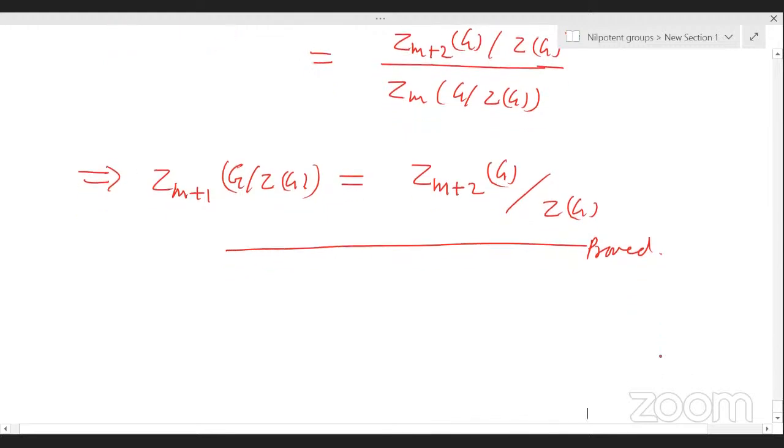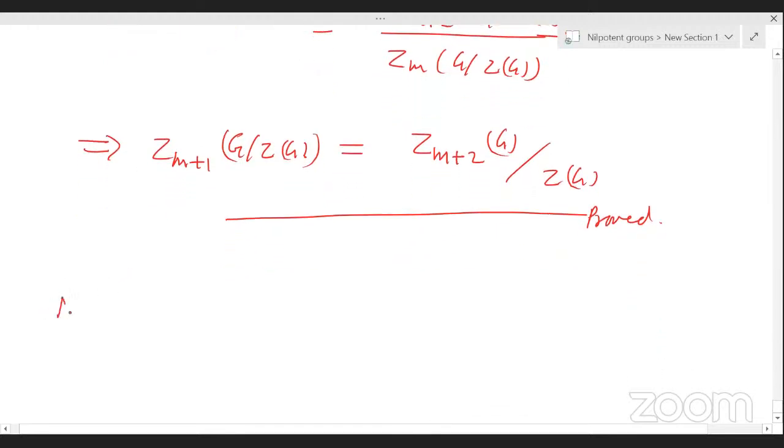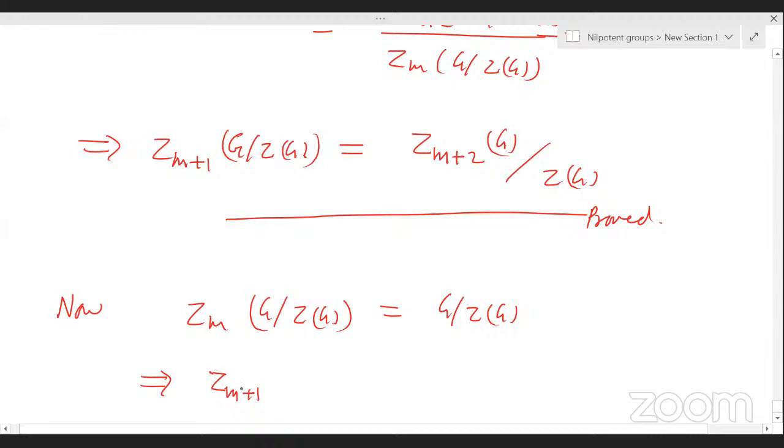So once this is proved, now Z_m(G/Z(G)) is equal to G/Z(G). Why? Because G/Z(G) is a nilpotent group of class m. This was our assumption. So Z_m(G/Z(G)) can be written, by this formula which we have proved just now, as Z_{m+1}(G)/Z(G), and this is equal to G/Z(G).